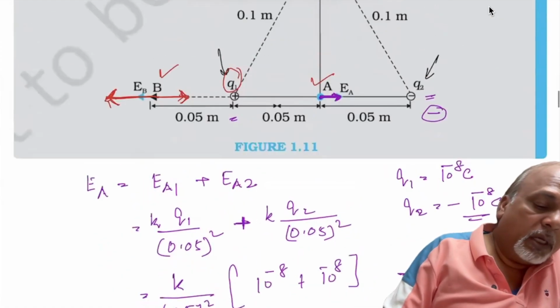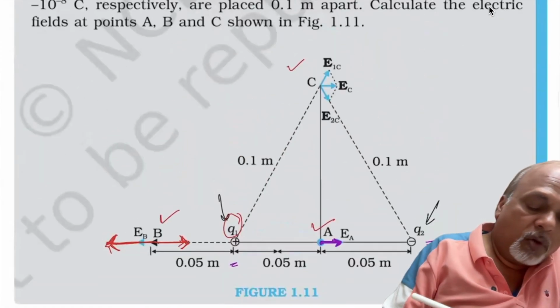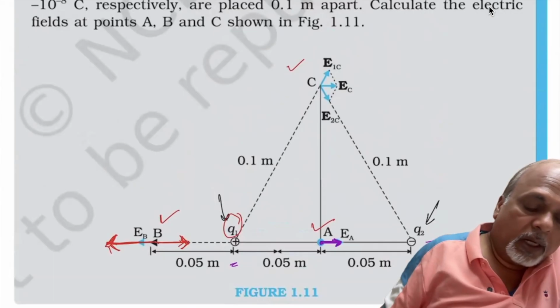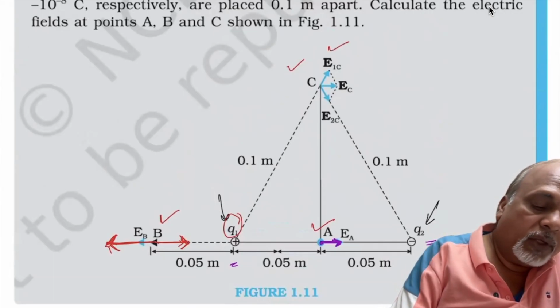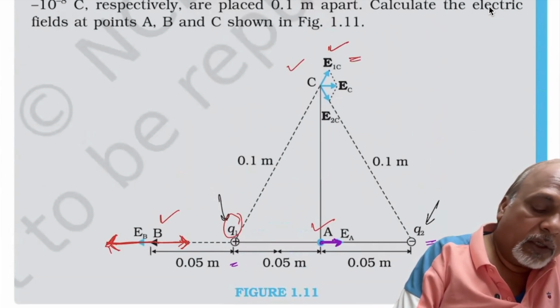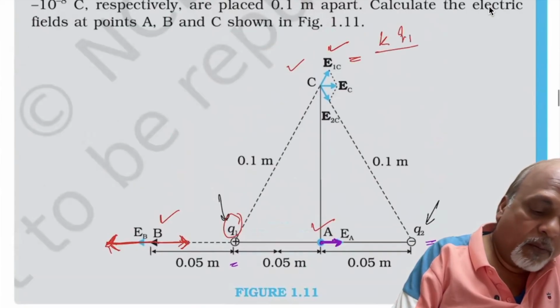Then let us see, due to these charges, what will be the electric field at C. So due to Q1, this E1C is there, and E1C is nothing but K Q1, whatever this value is there, over 0.1 whole square.